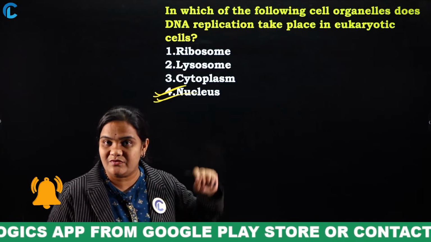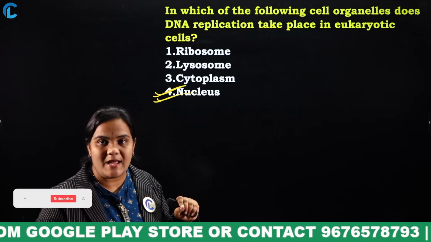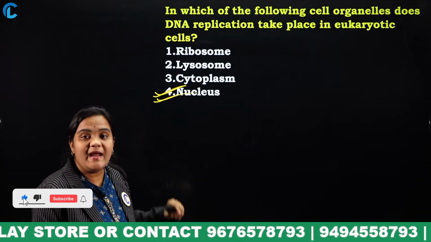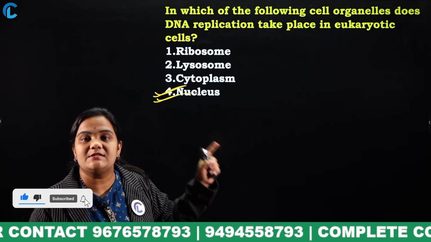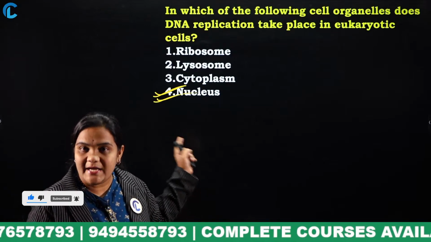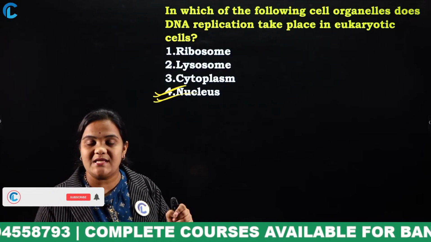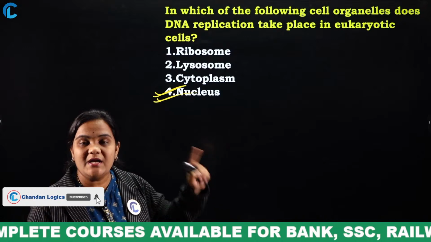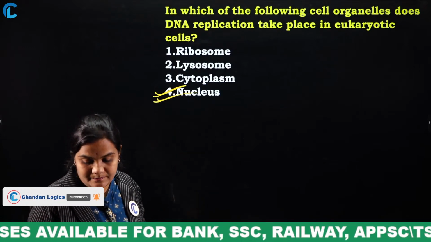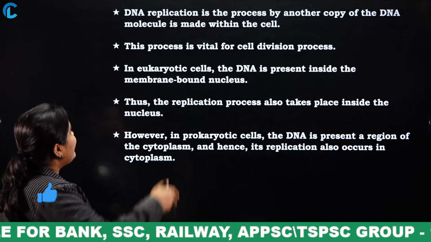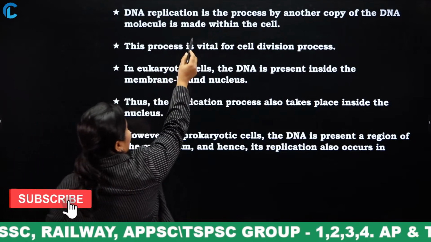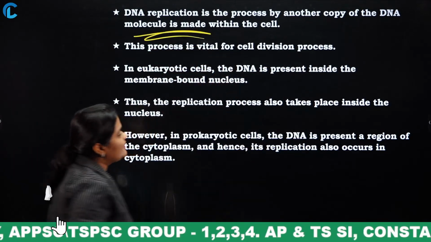Many organelles are found in the cytoplasm. And the nucleus: in eukaryotic cells, DNA replication is found in the nucleus. In prokaryotic cells, DNA replication is found in the cytoplasm. Remember, DNA replication is the process in which another copy of the DNA molecule is made within the cell.